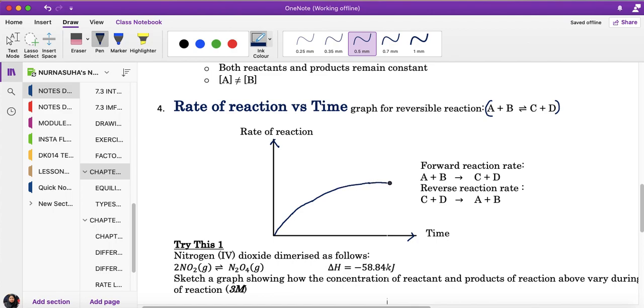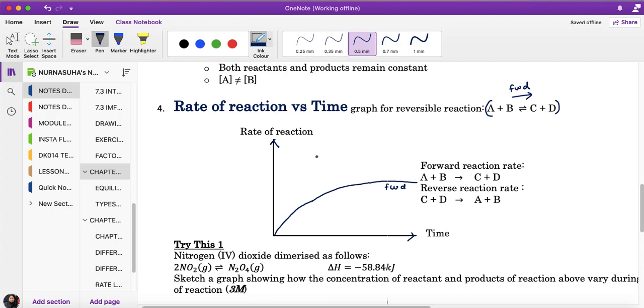Daripada kosong makin lama makin meningkat sampai satu tahap dia constant. This is forward reaction. Okay, Miss label kat sini forward reaction. So untuk forward, kalau forward from left to right, daripada tak ada jadi ada.